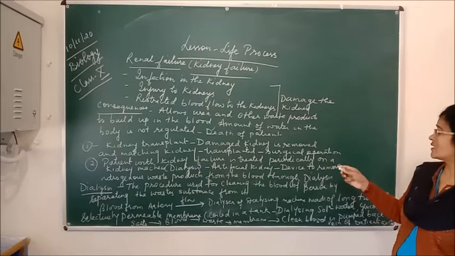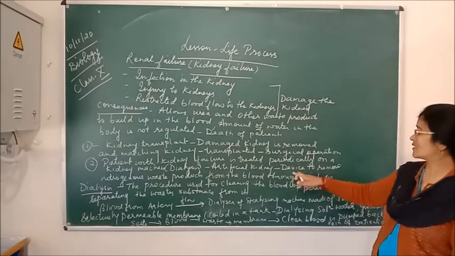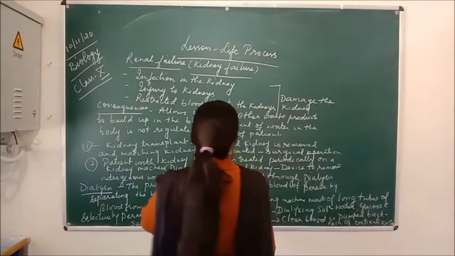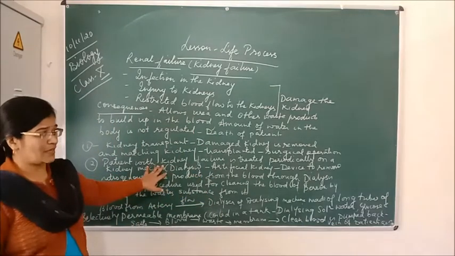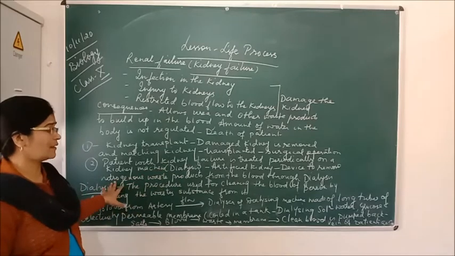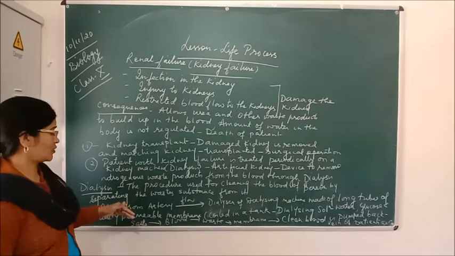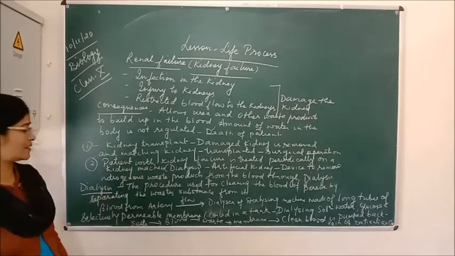What is the dialysing machine, or the dialysis process or artificial kidney? It is a device to remove the nitrogenous waste products from the blood through dialysis. Through the process of dialysis, whatever waste material has collected in the body of the patient is removed through this machine, and this whole procedure is called dialysis.